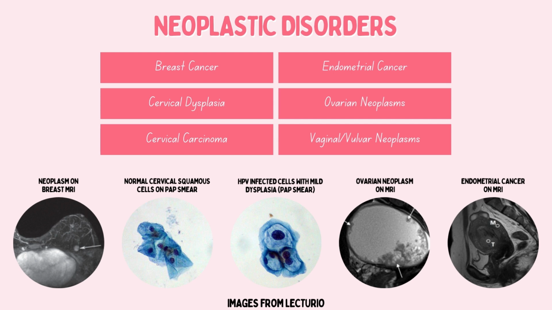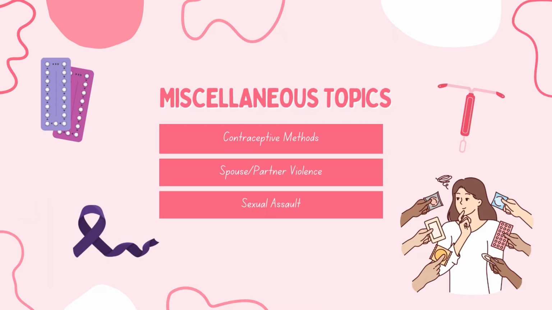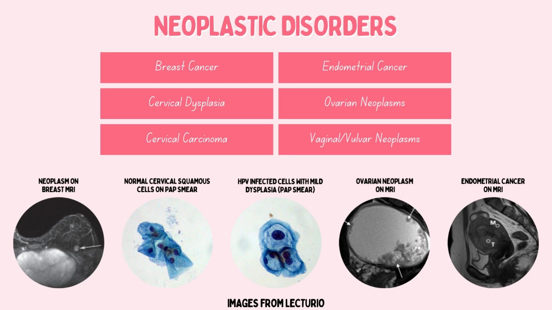So now, for patients 21 to 24 that test positive for ASCUS, so their Pap is abnormal, atypical squamous cells of undetermined significance, their Pap test is due in 1 year.